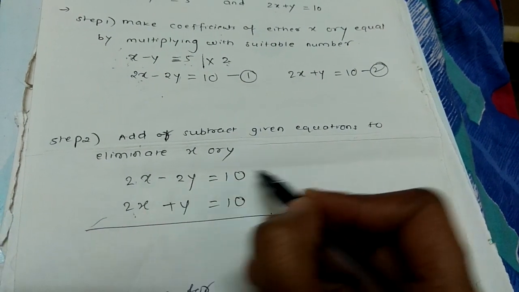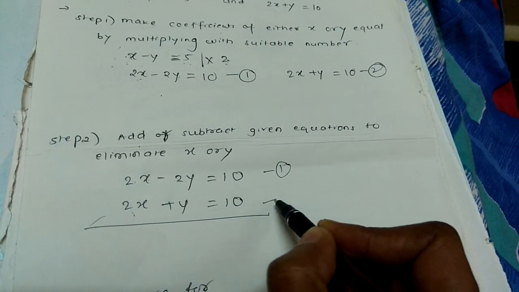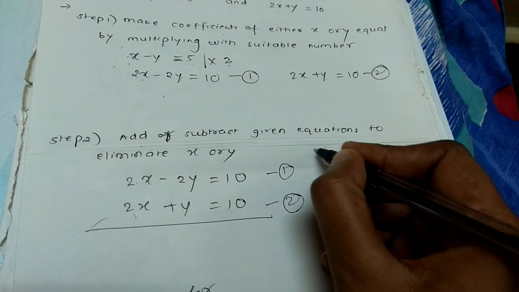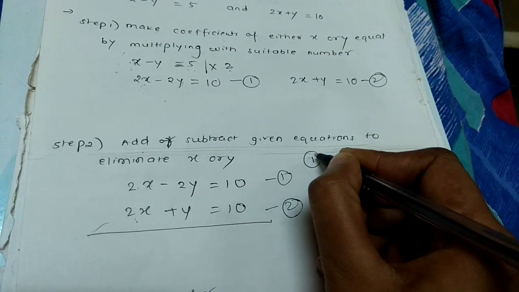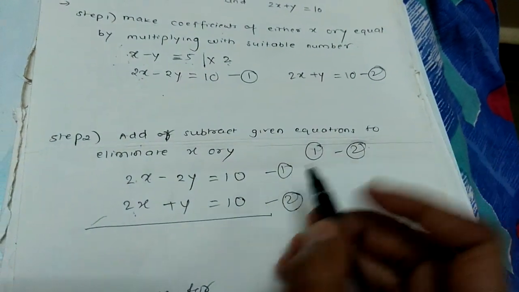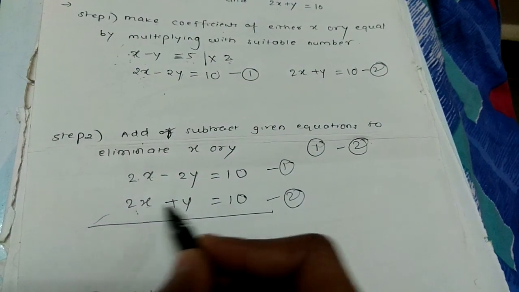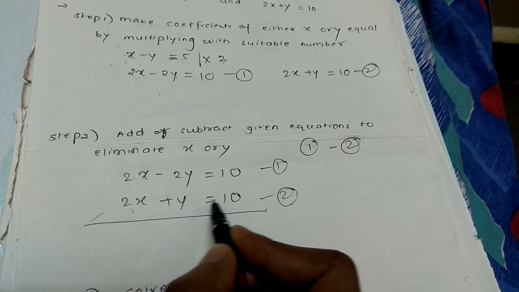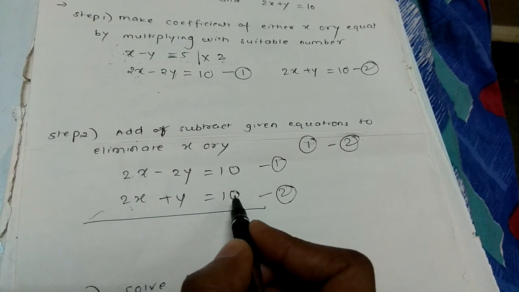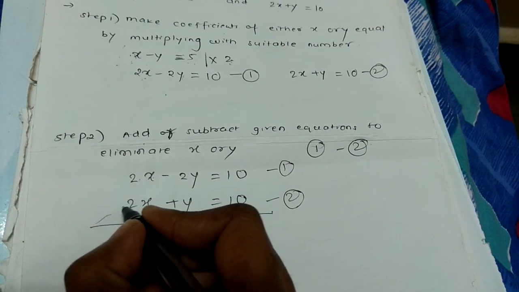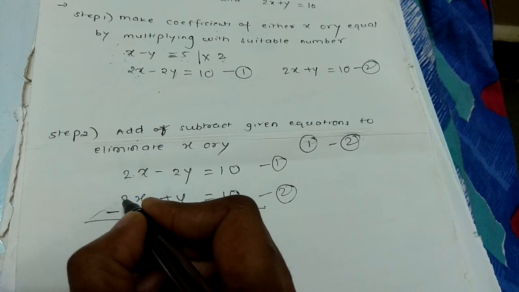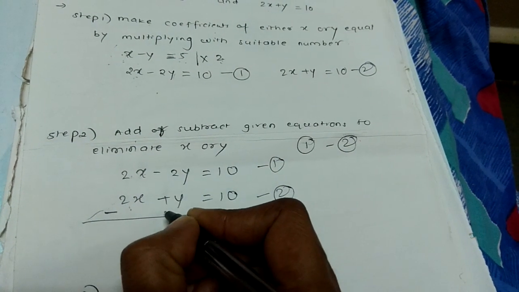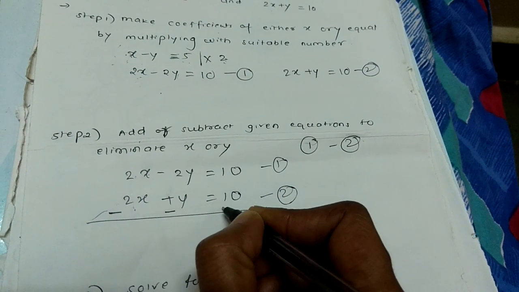So from equation 1, subtract equation 2. So you can write here, equation 1 minus equation 2. When you are subtracting, just change the sign of the second equation, because you are subtracting the second from the first.